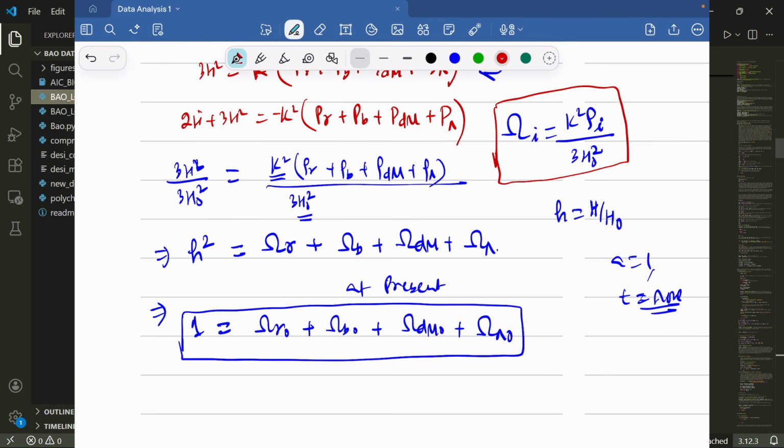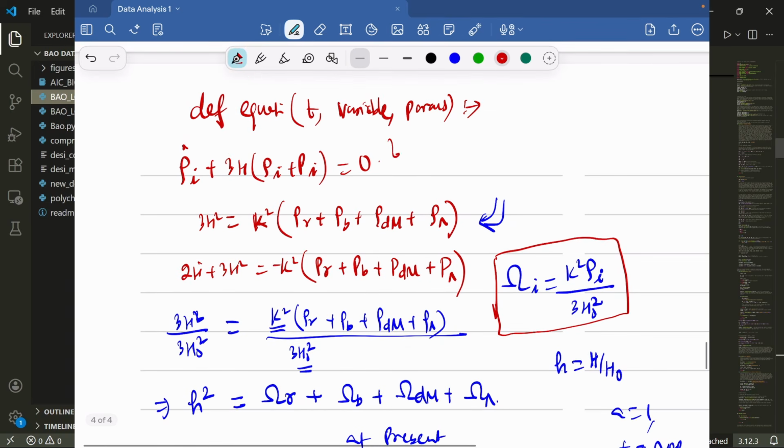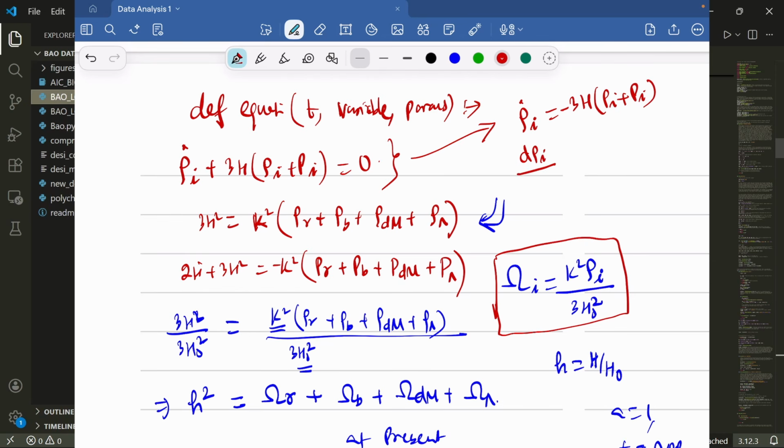How do I know this rho i? Now here comes your continuity equation. So how can we write the continuity equation? Let's solve it. It becomes rho i dot is equal to minus 3H rho i times (1 plus w i). Now what I will do is the following: d rho i, I will take H and multiply over here, dt, minus 3, and I'll use p i becomes w i into rho i, so it will simply become w i species and rho i, right?